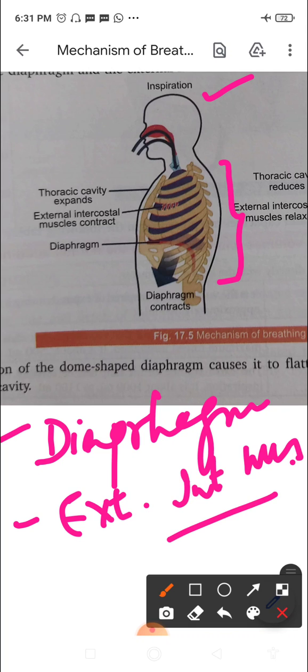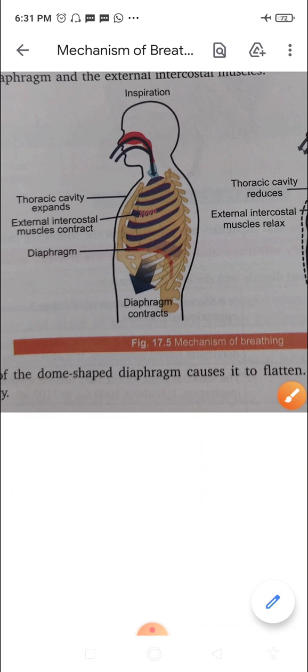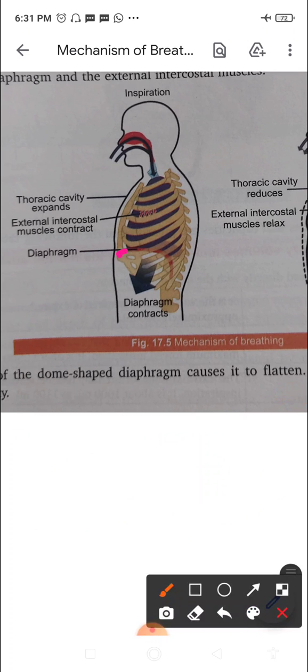Now what happens is contraction of the dome shaped diaphragm. The diaphragm is dome shaped. Here you can see, just below the lungs, is the position of the diaphragm. Now during inspiration, the diaphragm will contract.